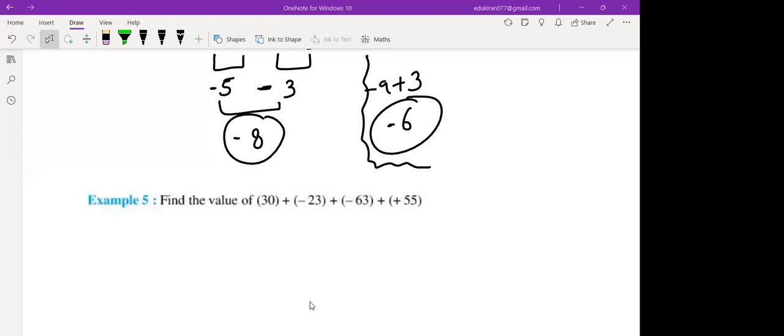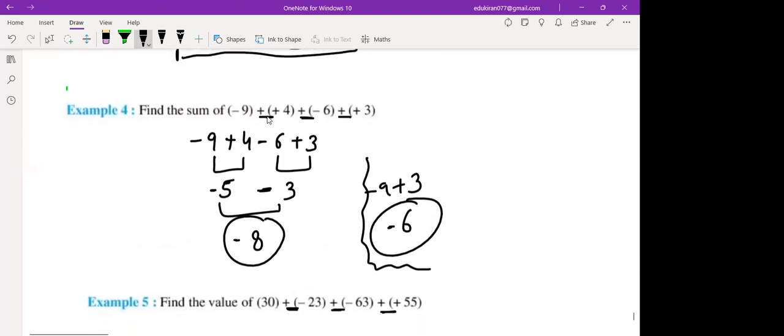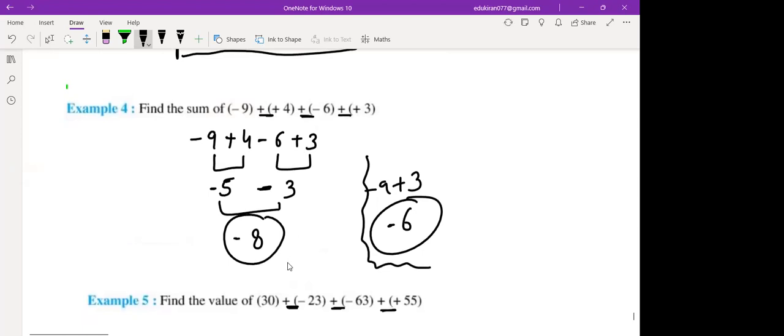Ma'am, there's an extra sign in between. No, you will put it here, no? You will first solve these signs. Here also you have these two signs, no? So what you did, you made it plus minus plus. Okay, ma'am.